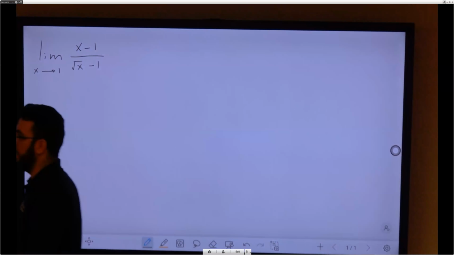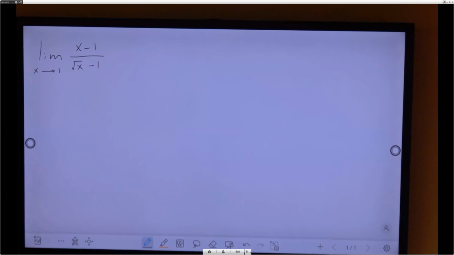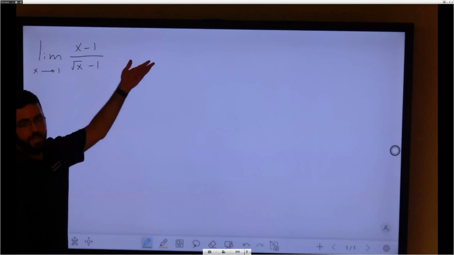Take this one, limit when x approaches 1, square root of x minus 1. Okay, I'm going to solve it. Can I evaluate? Can you move the radical out from being a denominator? Square both sides?